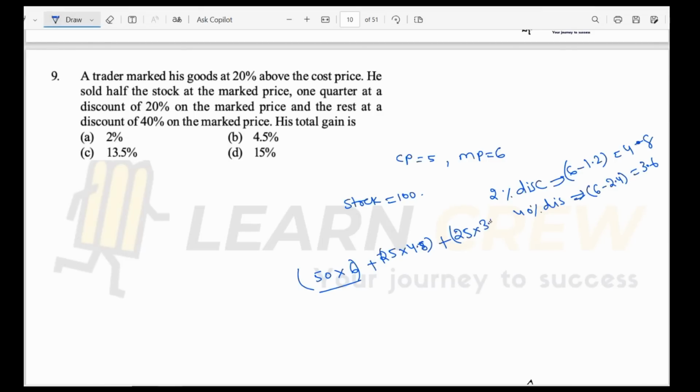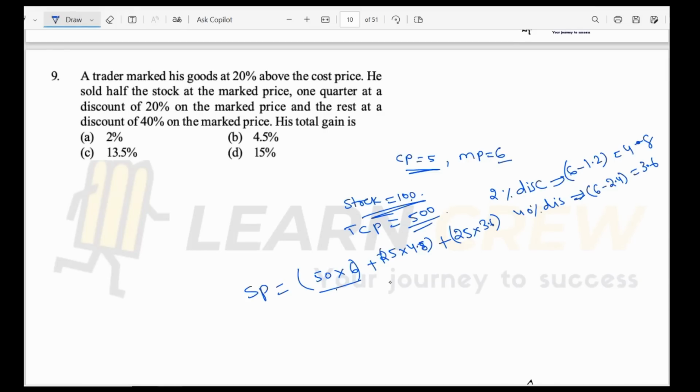Please see here, if each article cost price is 5 rupees, total stock is 100, total cost price of the stock would be 5 into 100, 500. Half of the stock out of 100 means 50, sold at the market price, 50 into 6.